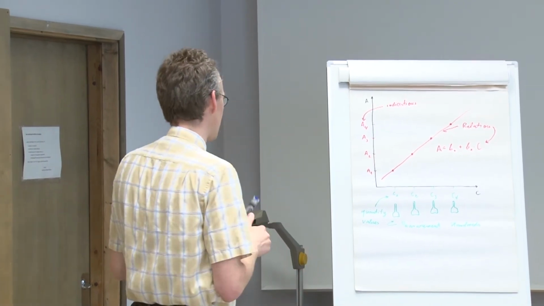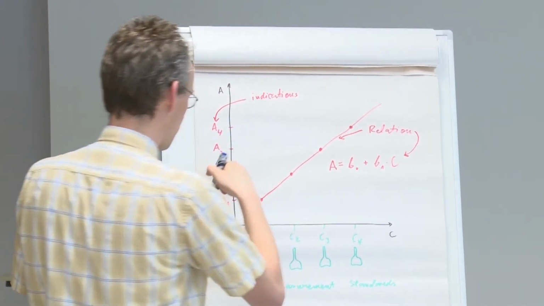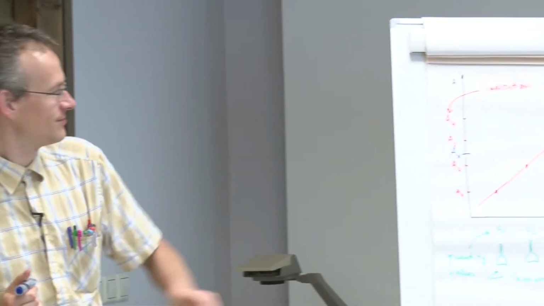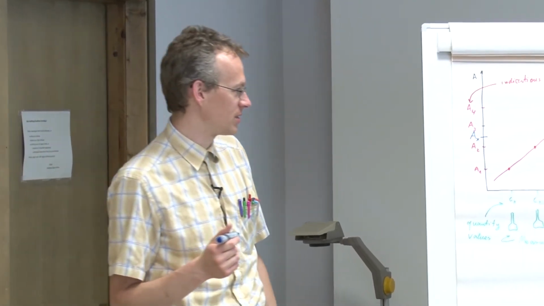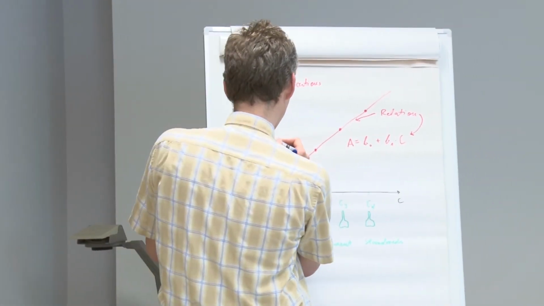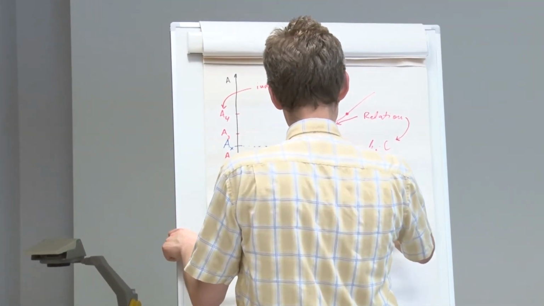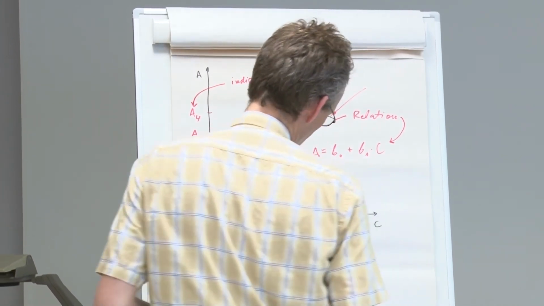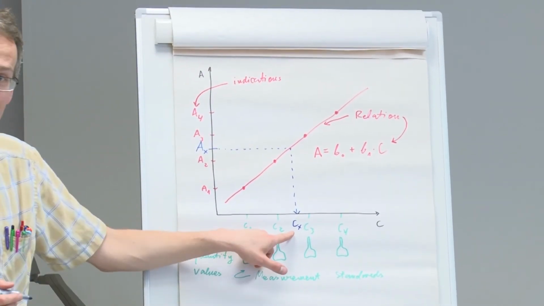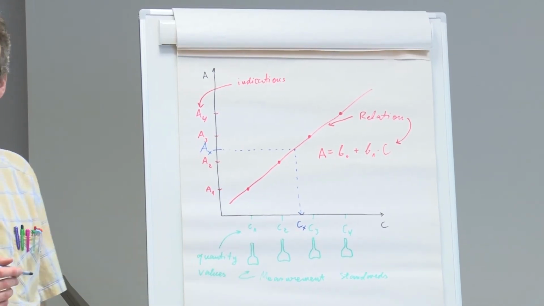And we get some kind of indication which we denote by AX, the signal corresponding to the unknown concentration. And now, from this graph, we can find the concentration of the analyte in that sample solution denoted by Cx.